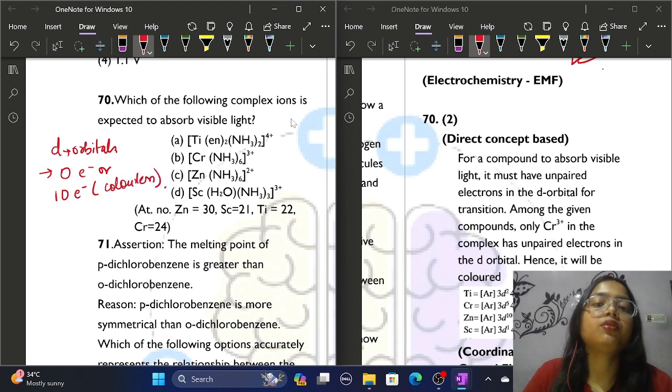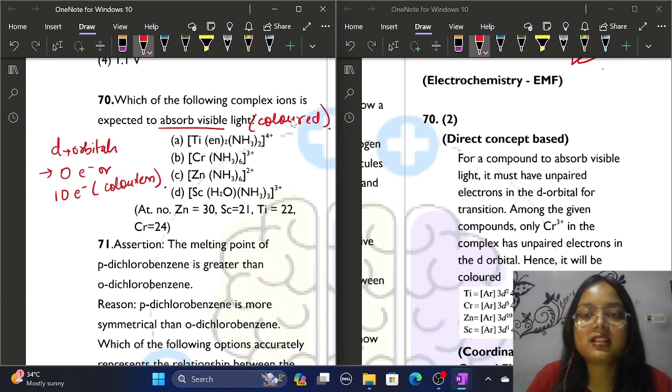So for compounds to absorb light, the d orbitals should not contain 0 or 10 electrons. Otherwise, it can contain any other number of electrons, and it will absorb visible light and appear colored.